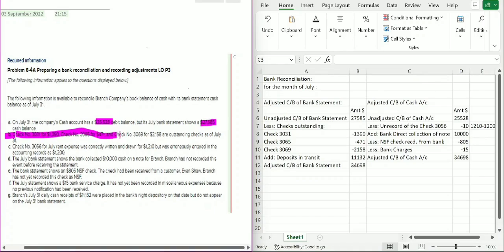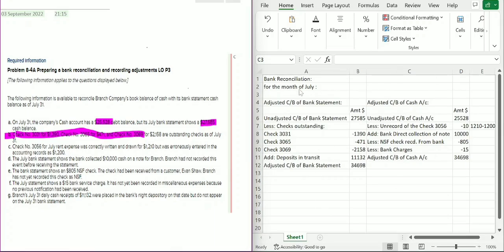there are some checks which the company had drawn and sent to their suppliers, but the suppliers haven't encashed them until now. So the cash book has already credited the cash account, but the bank had not debited the account. So where do we have to take action? The cash book is okay here.